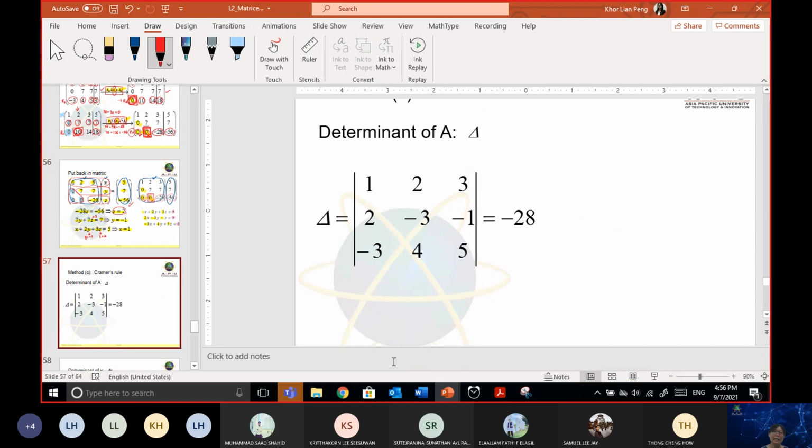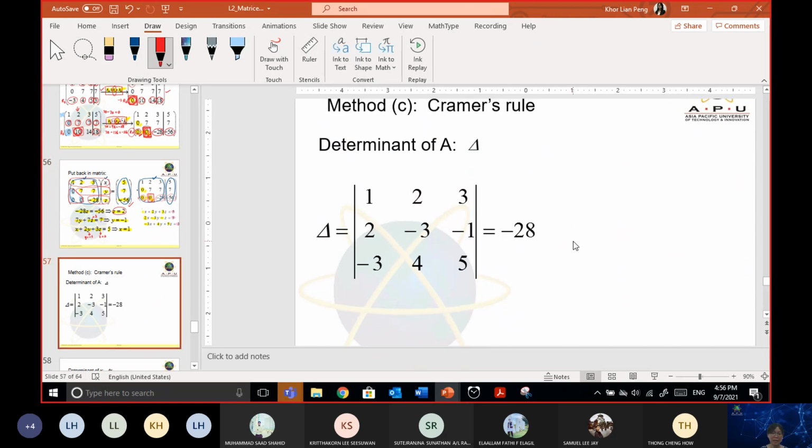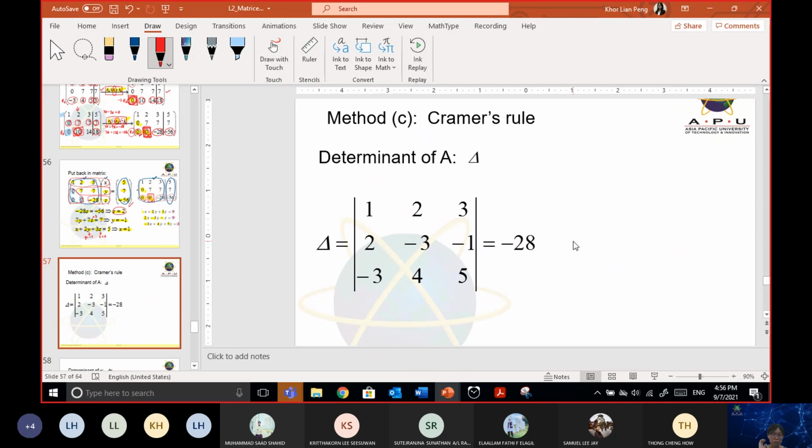Then let me proceed to the last method, Cramer's rule. I think the last method might be the easiest one to solve for the unknowns.